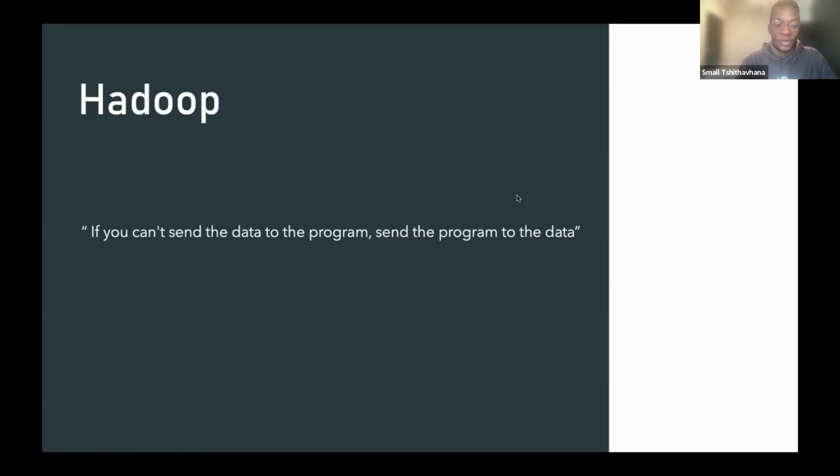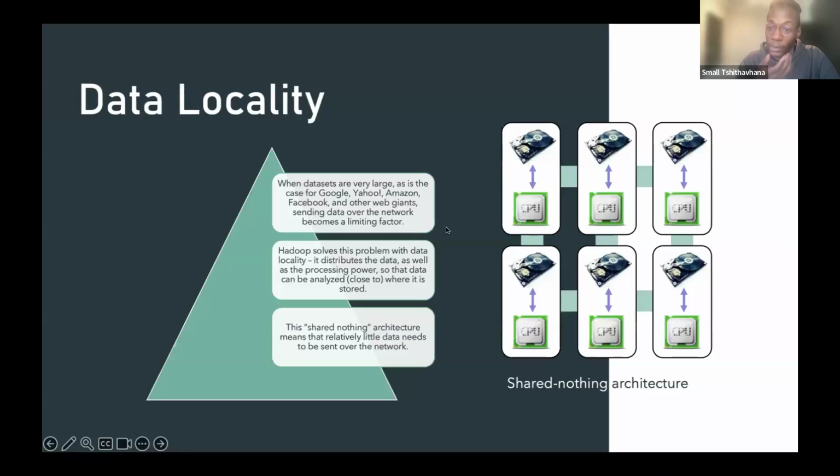Hence the saying: if you can't send the data to the program, then you send the program to the data. Hadoop does this.